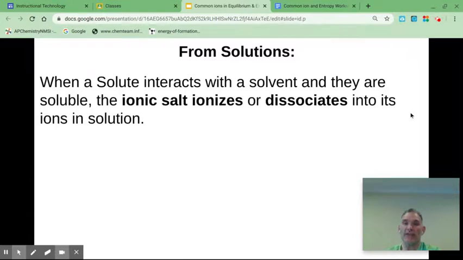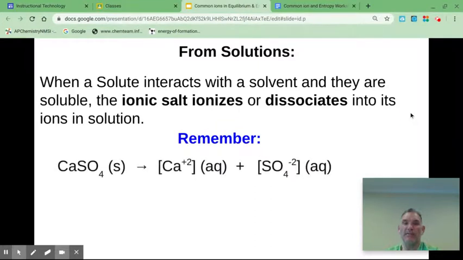So the first thing we have to do here is remember how this reaction works. If I take a sample of calcium sulfate solid and place it in water, because calcium sulfate is ionic and water is polar, it's going to dissolve. It is soluble, and what I'm going to get is calcium ions and sulfate ions in solution.